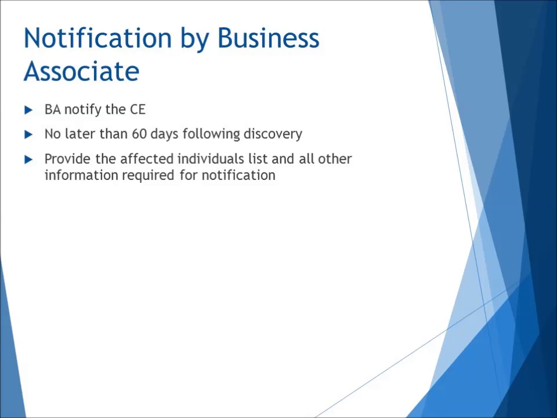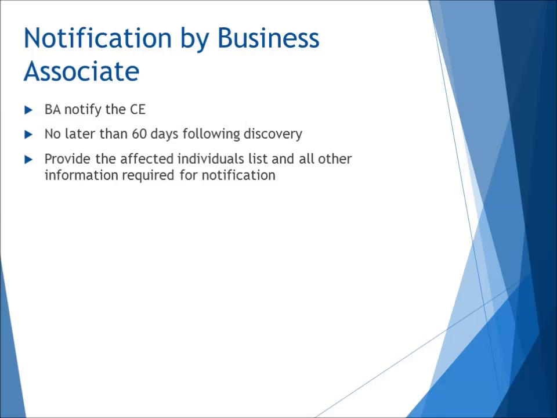All right, so notification by a business associate is also required. If the breach of unsecured PHI occurs at or by a business associate, the business associate must notify the covered entity following the discovery of the breach. A business associate must provide notice to the covered entity, again, without unreasonable delay, no later than 60 days from the discovery of the breach.